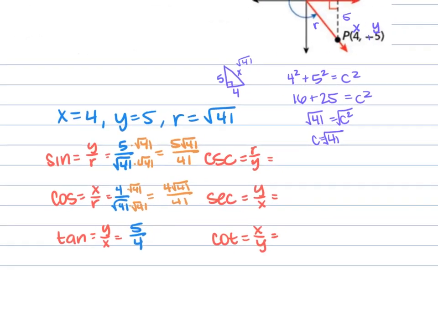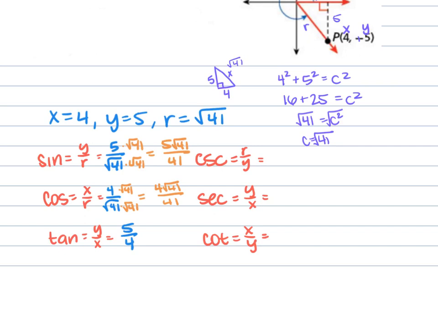Now take the reciprocal of these. The reciprocal of sine is cosecant, so that is going to be the square root of 41 over 5. The reciprocal of cosine is secant, so instead of it being 4 over the square root of 41, it's going to be the square root of 41 over 4. And the reciprocal of tangent is cotangent, so instead of it being 5 over 4, it's 4 over 5.